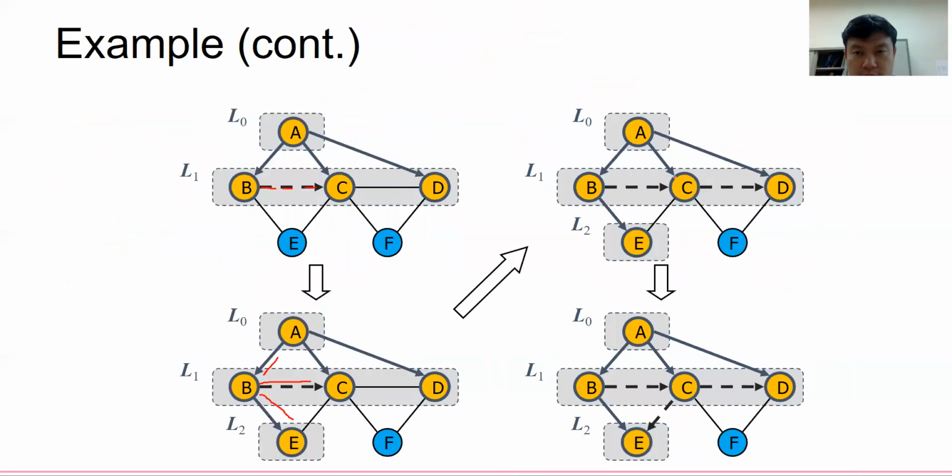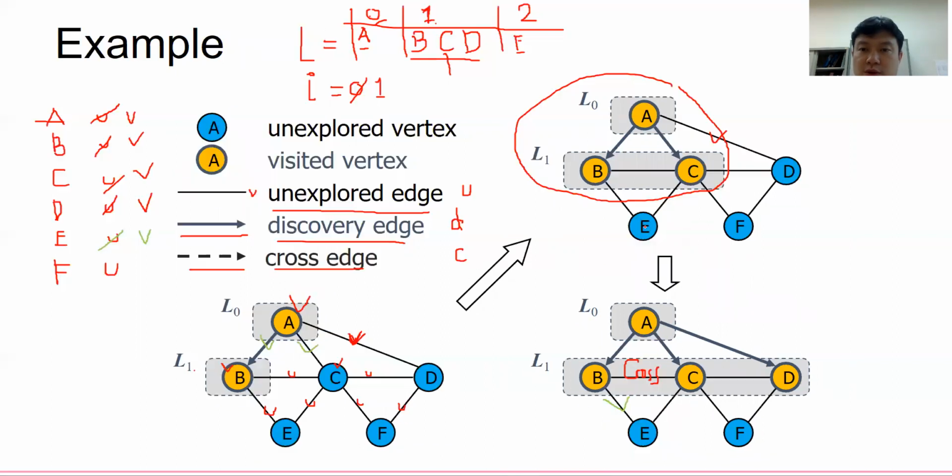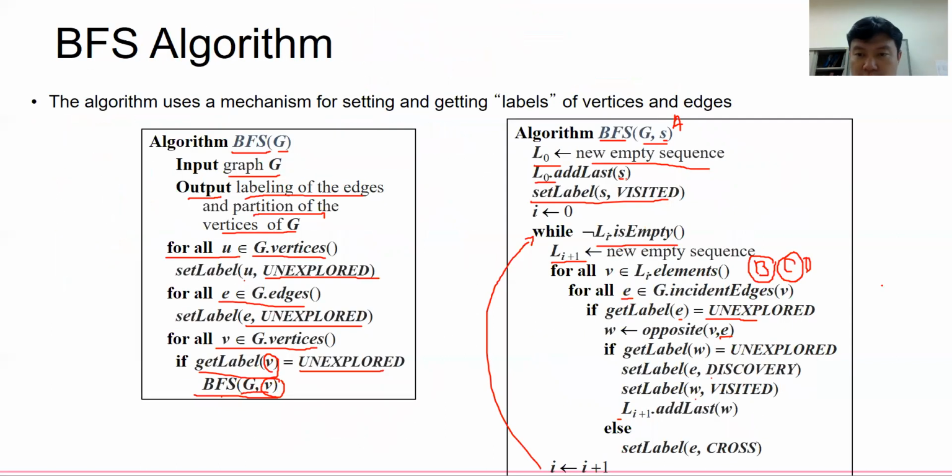C, we have this already discovered. What about this? Already discovered. What about this? Okay, it is not discovered. So we want to check. It is unexplored. Because it is unexplored, I would like to get the opposite.